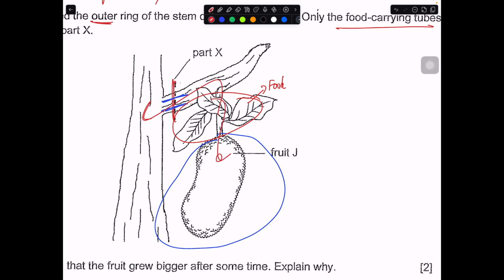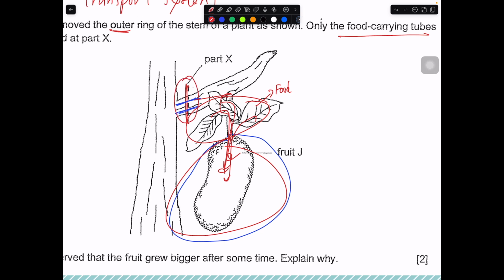Now when you cut this off, this red colour path no longer exists. So originally you should have food going here, but it's not going to this path anymore. So it will allow more food to go into the fruit, causing it to become larger than it used to be, because of the cut that you have done over here.